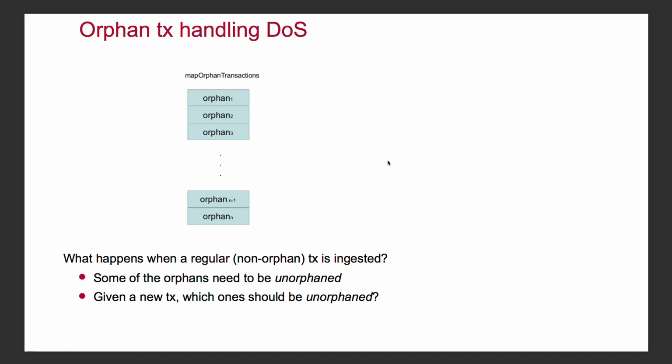So there needs to be a procedure for unorphaning transactions. We could try going through this whole map and identifying which transactions need to be unorphaned, but that's inefficient. And also the number of orphan transactions here is user controlled.